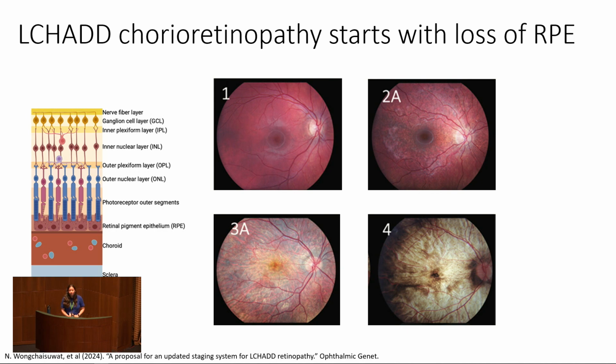This is what is indicative of RPE degeneration and why we believe that the RPE is the first layer to degenerate. And so as the chorioretinopathy progresses, seen in 3A and 4, you start to lose more and more pigmentation, which suggests more loss of the RPE, and then you also see photoreceptor and choroid degeneration, which is really what ultimately leads to the loss of the vision.